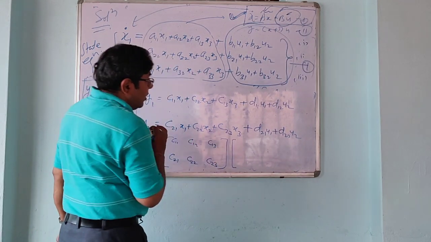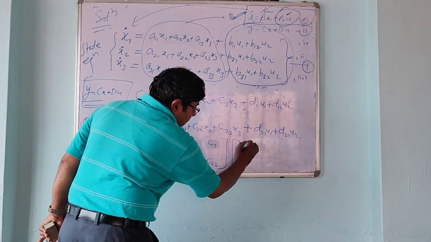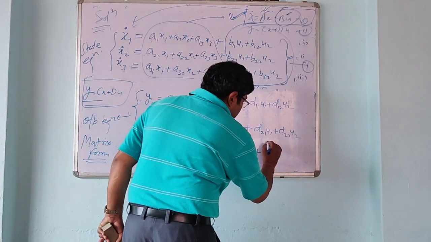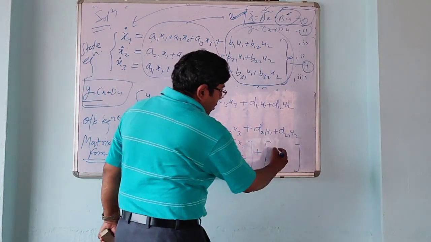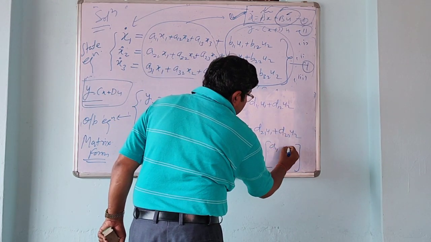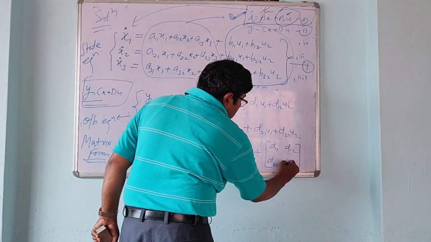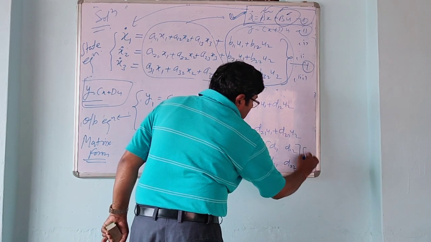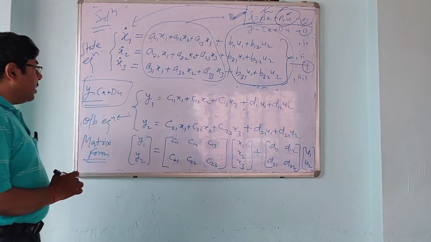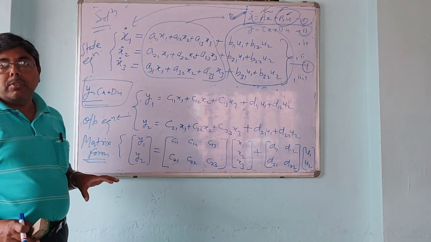And the three states x1, x2, x3 go here as a column matrix, plus for the input we have two equations, so you have to form two rows. The first row from the first equation, that is D11, D12, and the second row from the second equation, that is D21, D22. So these are the coefficients of u1 and u2. So this equation is the matrix representation of the output equations.